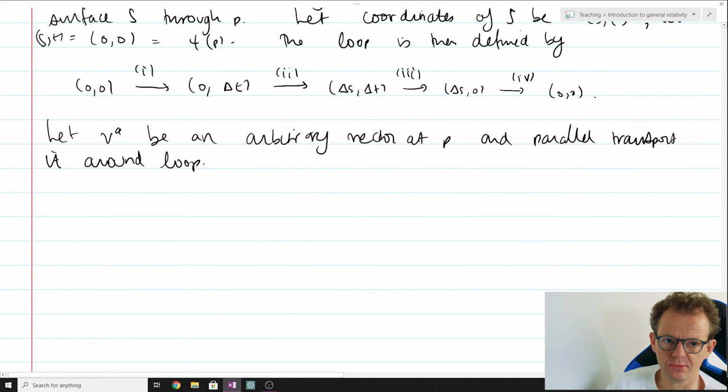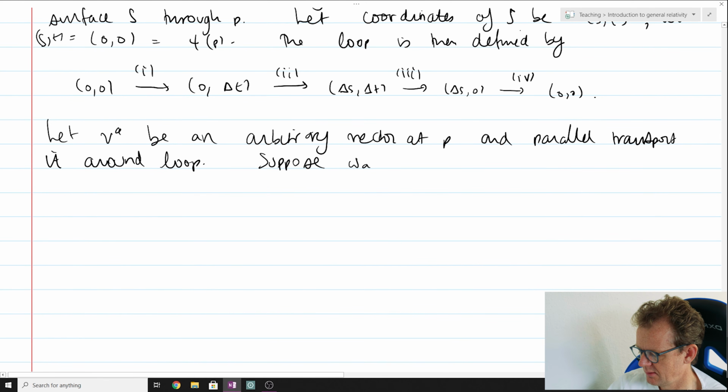And to make the computation a bit easier, we're going to suppose we have an arbitrary dual vector field defined everywhere on the manifold. This is just helpful for the computation, you don't need it.